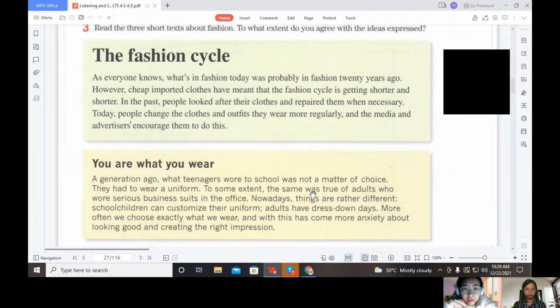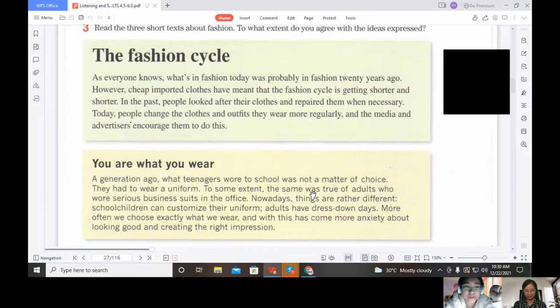In the past, people looked after their clothes and repaired them when necessary. Today, people change the clothes and outfits they wear more regularly, and the media and advertisers encourage them to do this. Yeah, because in the past, clothes and outfits could be worn day by day, year by year.